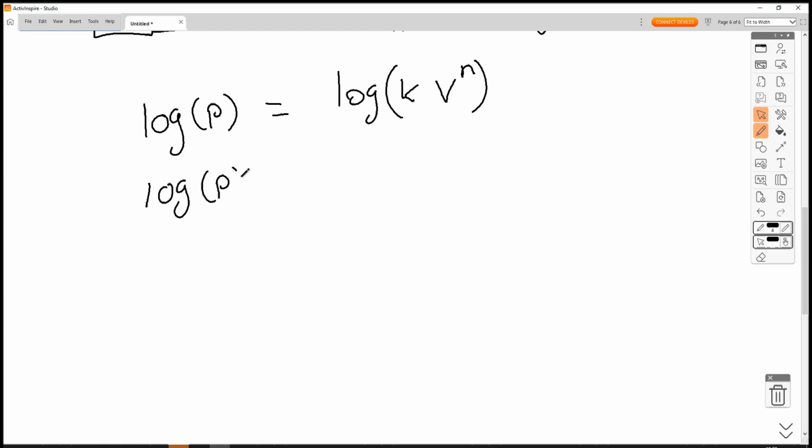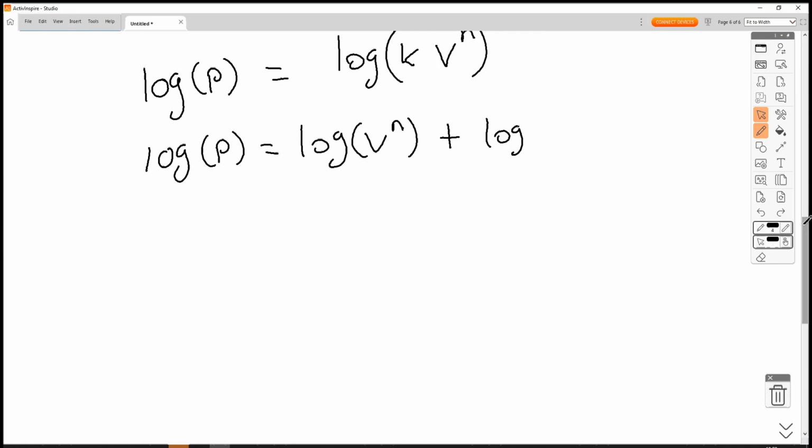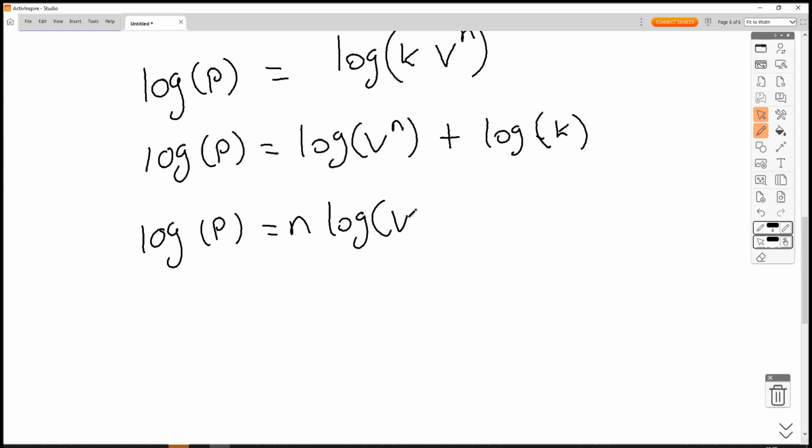So log P equals log V to the n plus log k. Then with the power, if you have something to the power of something, you can bring that out of the log and times it. So we've got log P equals n log V plus log k. Now you can use logs, you can use lns, it doesn't make a difference.